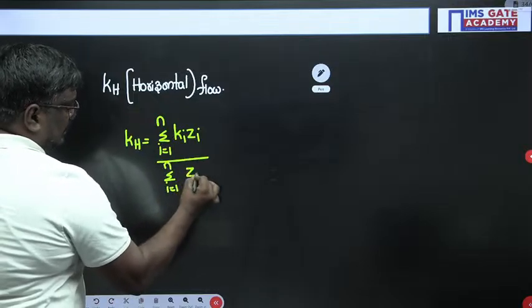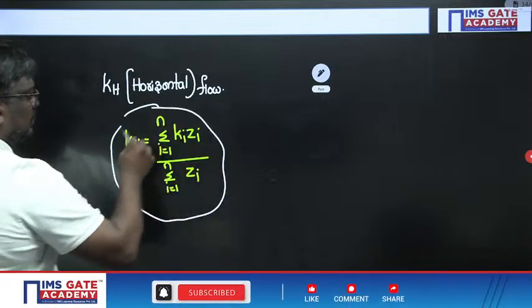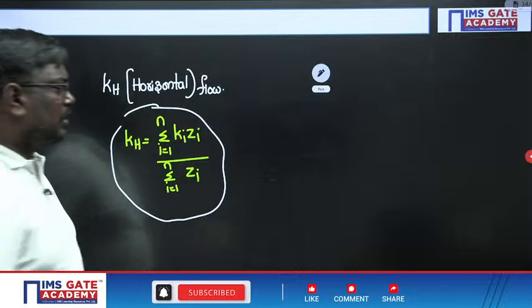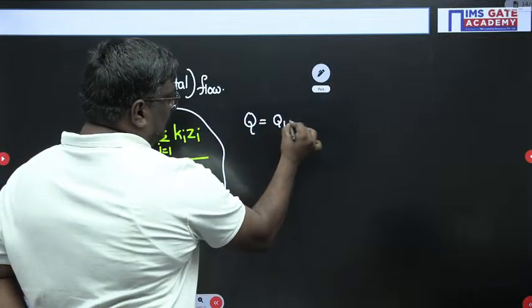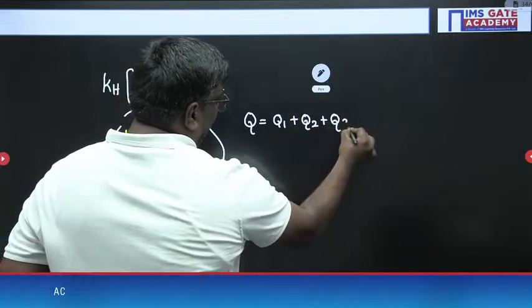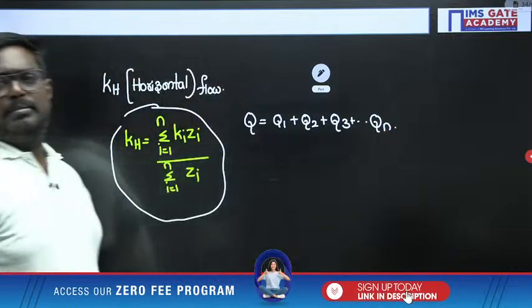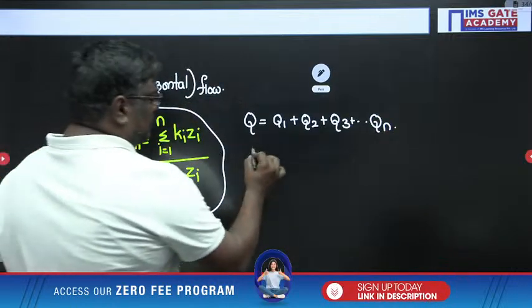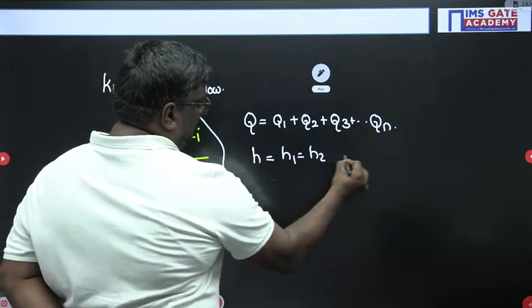You may ask how this formula came. In a horizontal flow, the discharge will be Q1 plus Q2 plus Q3 and so on up to Qn. Similarly, the head loss will be constant: H is equal to H1 equal to H2 and so on up to Hn.